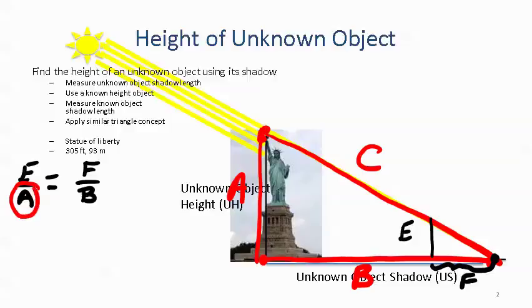We measure the height of the stick E. We measure the shadow of the stick F. And we also measure the shadow of the unknown object.